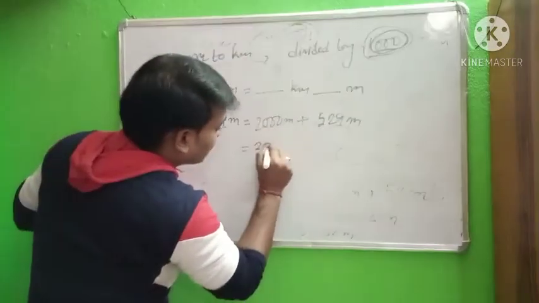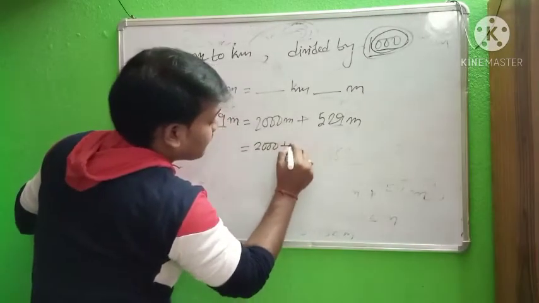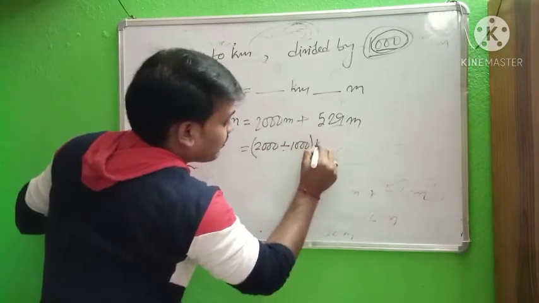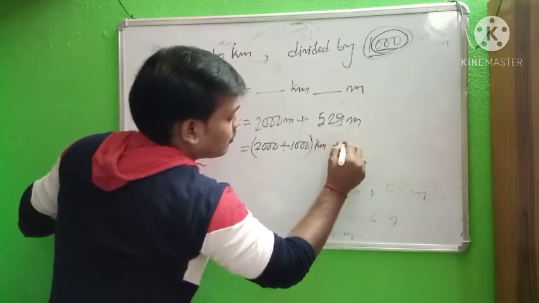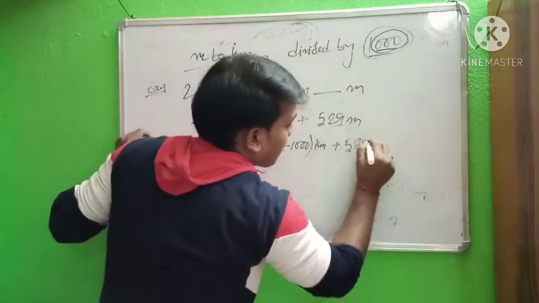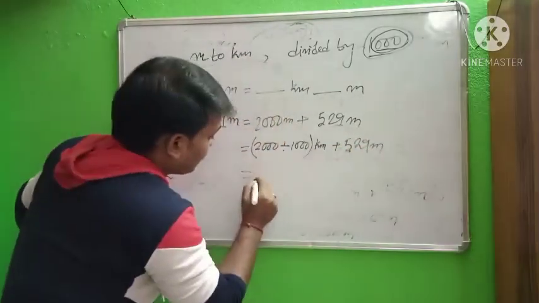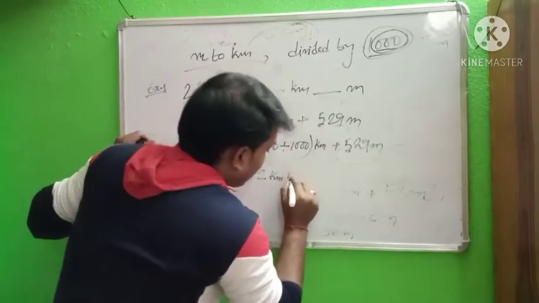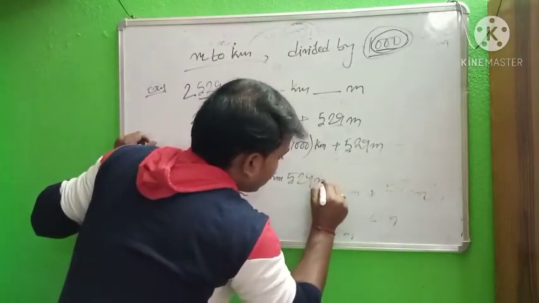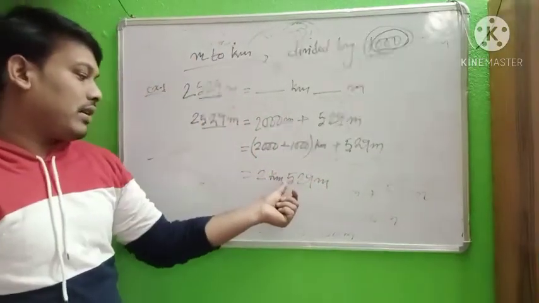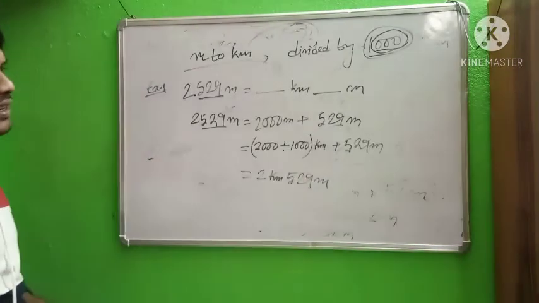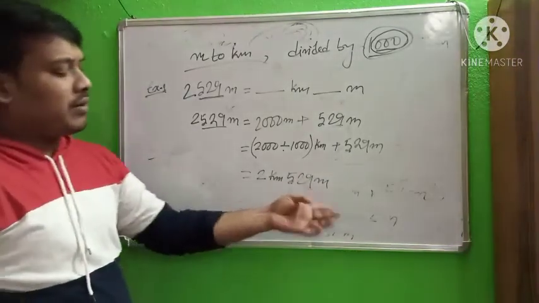So 2000 divided by 1000 becomes kilometer, plus 529 meter, so 2 kilometer 529 meter. You can write a plus after that, but no need, you can skip one line. So 2 kilometer 529 meter.